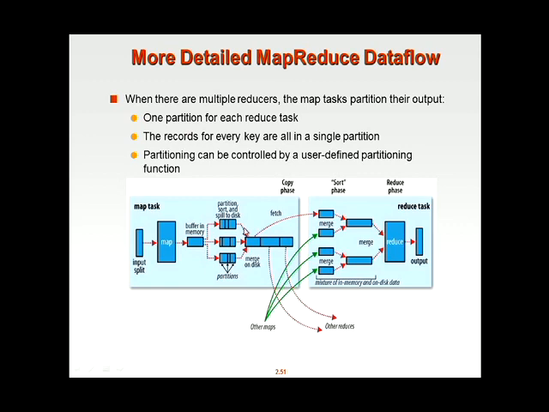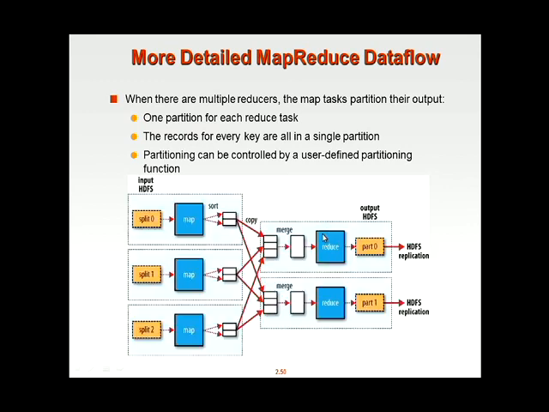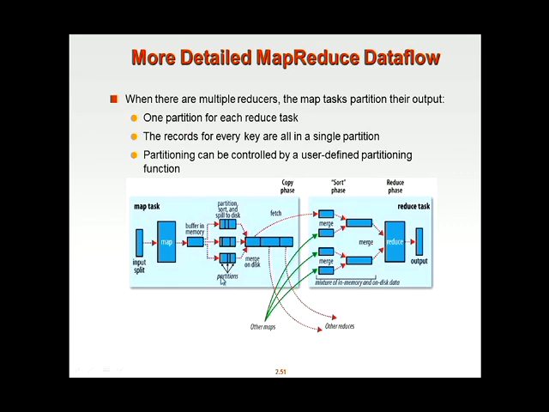So let's look at the data flow in more detail, as shown in this figure. We assume there is more than one reducer, and the data is split into many splits. But we just focus on one input split and one reduce task. So what is the detailed process? Assume that we have 3 reducers in this example.